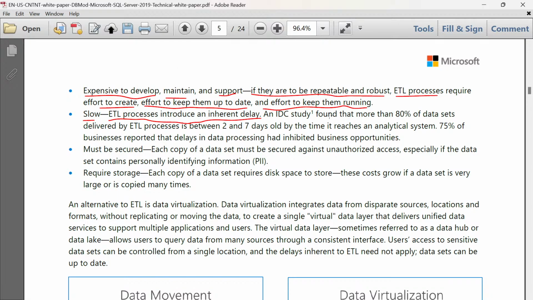So here, there has been a study. More than 80% of data sets delivered by the ETL process are between 2 to 7 days old by the time they reach an analytical system. So before you extract the data and send it for analysis, it becomes around 1 week older.